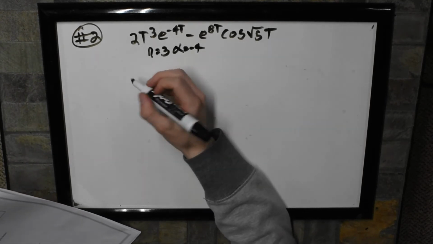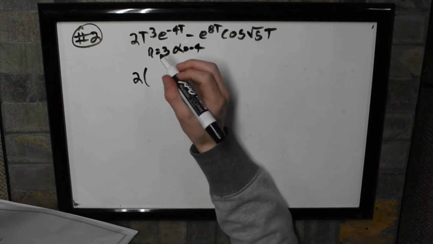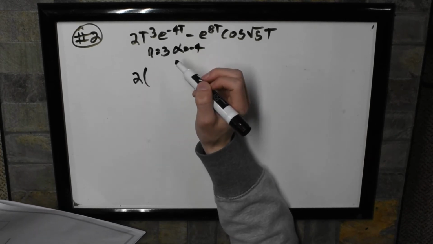So we can take this 2 in front multiplied by the Laplace transform of t cubed e to the negative 4t.